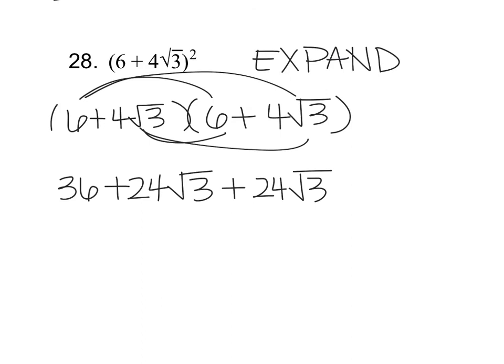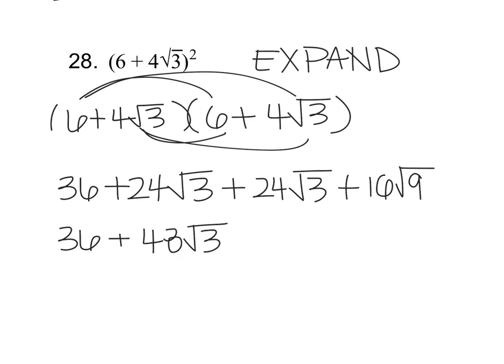Then we do 4 square root 3 times 4 square root 3. 4 times 4 is going to give us 16, and then underneath the square root, we're going to have 9. 24 square root 3 and 24 square root 3 are like radicals, so I can add them together and get 48 square root 3. Square root of 9 is 3, so my last term is going to become 16 times 3.